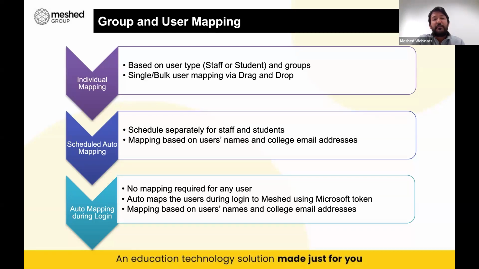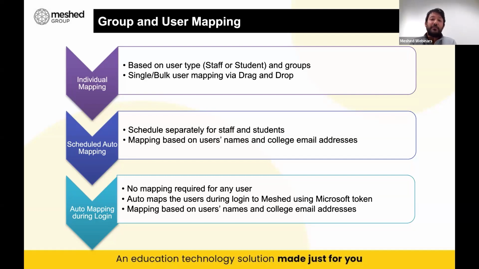The other way: let's say you have a number of users for which it's not possible to do the individual mapping, it's time consuming, it's hectic, we understand. For that, we offer you the auto mapping. You can schedule the auto mapping separately for staff or separately for students.